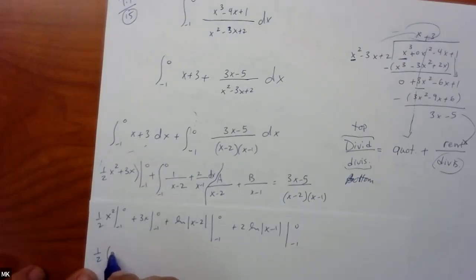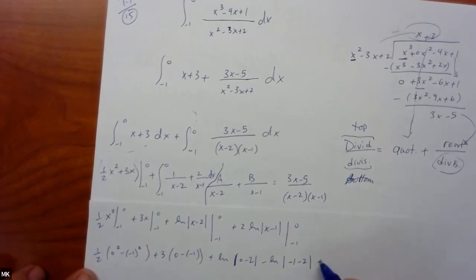So it's 1/2 of 0 squared minus -1 squared, 3 times 0 minus -1, natural log of 0 minus 2 minus natural log of -1 minus 2 plus 2 natural log of 0 minus 1 minus 2 natural log of -1 minus 1.